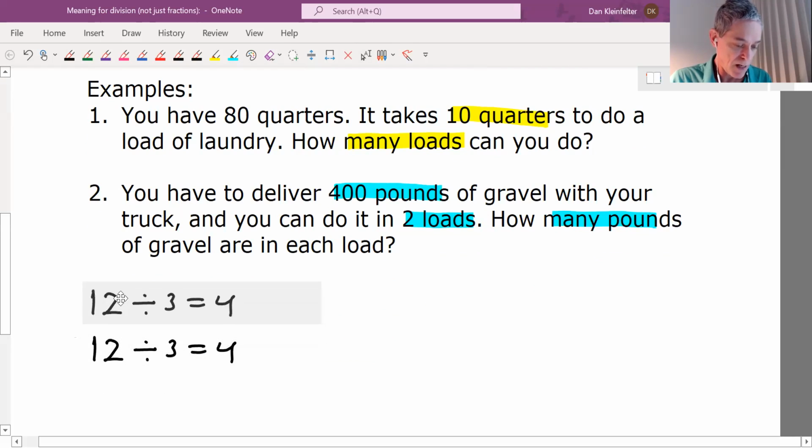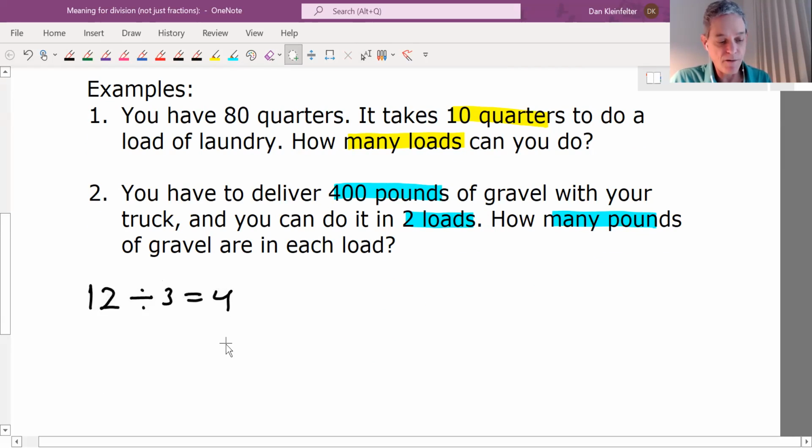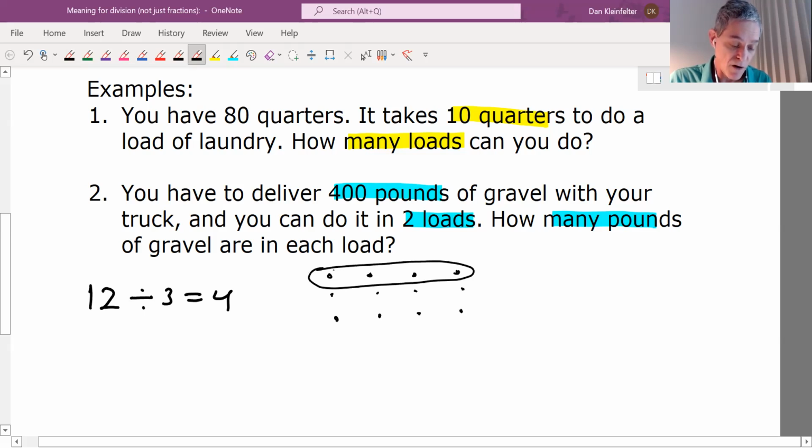Okay, so now we want to start working towards thinking about fractions. Sticking with whole numbers for a minute, we want to ensure that we can think of division for whole numbers first. So we all know that 12 divided by 3 is equal to 4, and we have several ways of thinking about how that is. One is if you have 12 dots, as I'm drawing out here, and we put them into 3 rows, there will be 4 dots in each row.